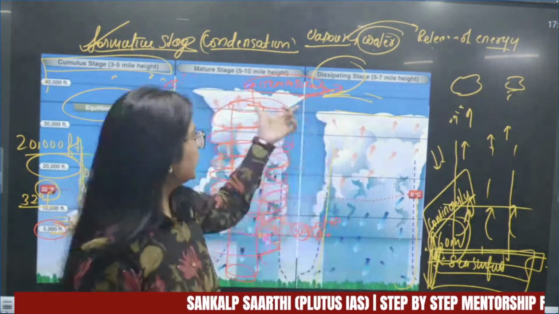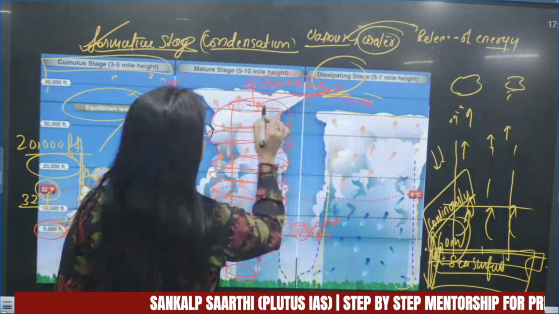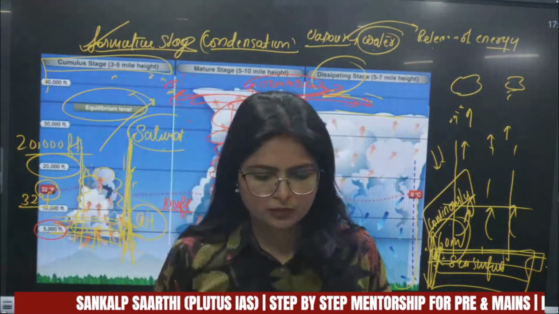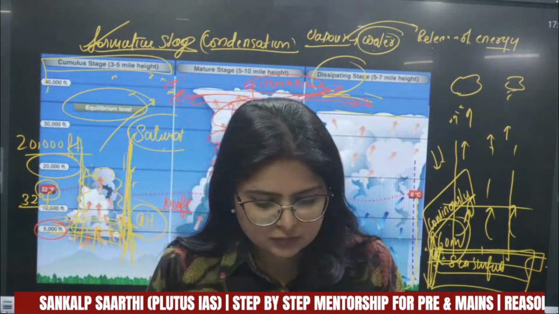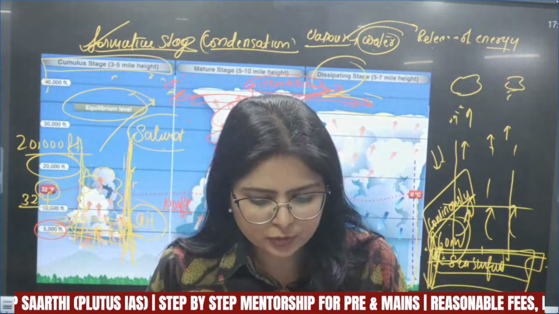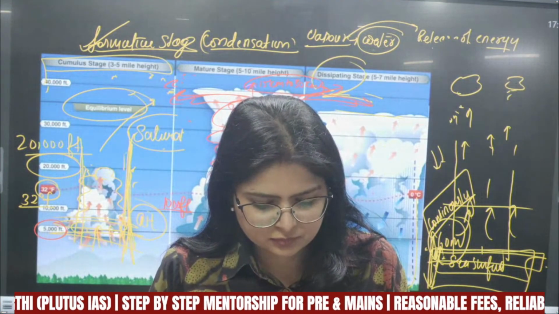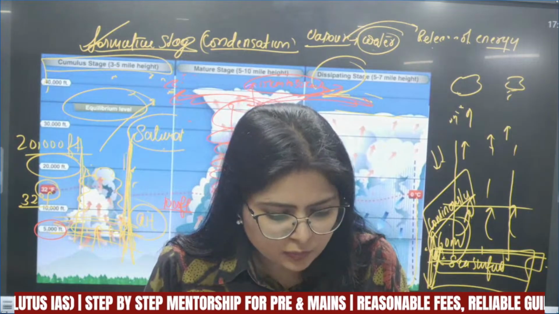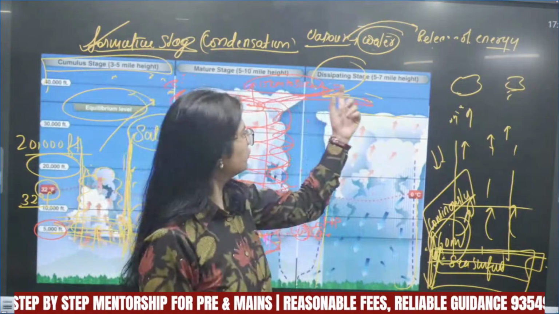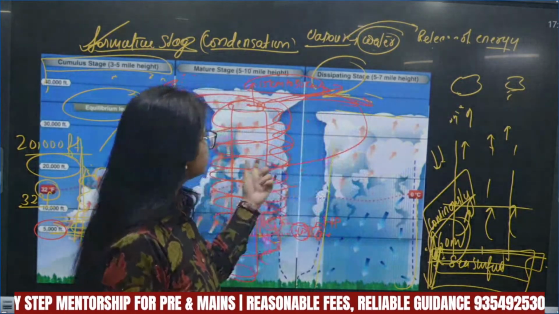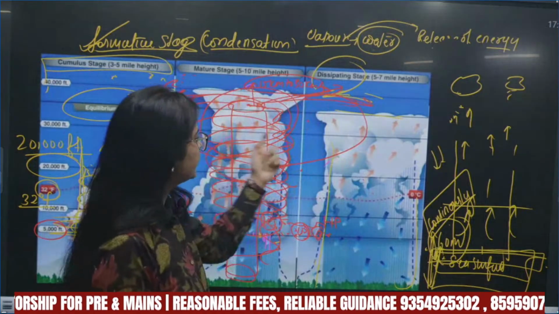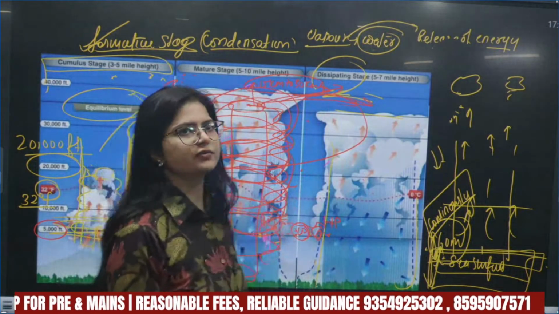Here the air will diverge or flow outwards due to Coriolis force. The outward flowing air, due to Coriolis force, creates anticyclonic circulation aloft.